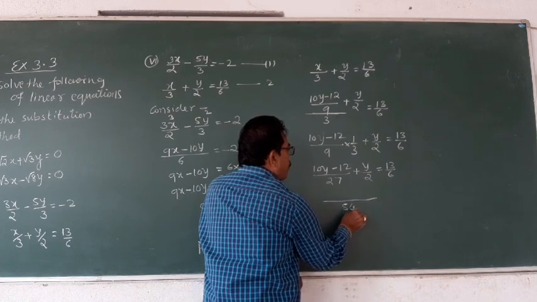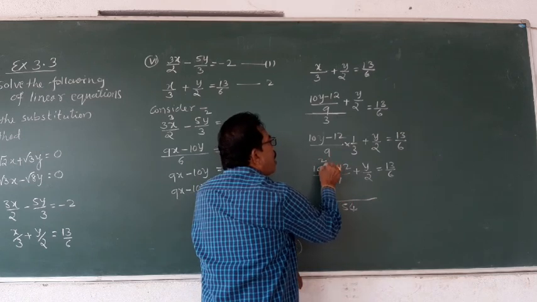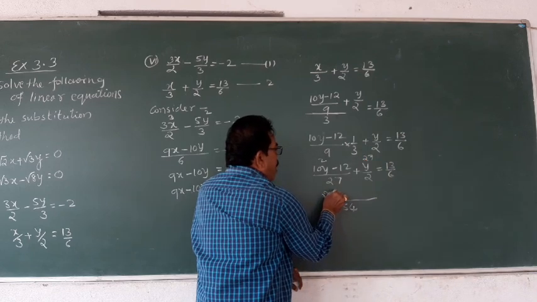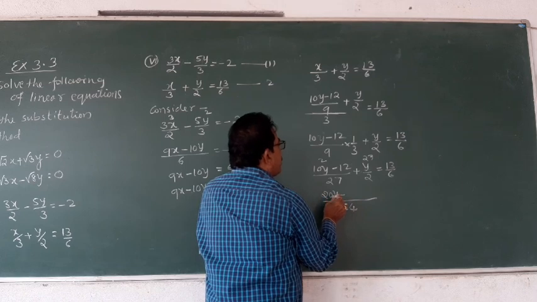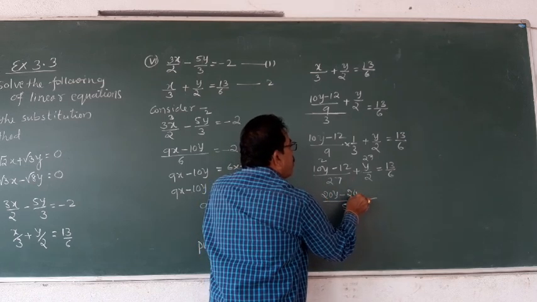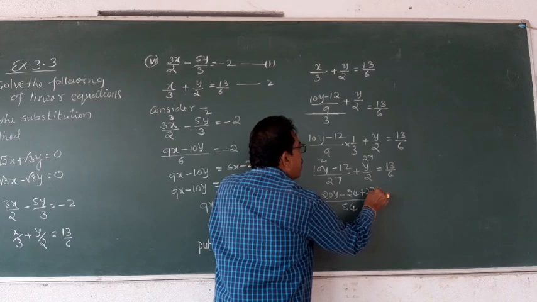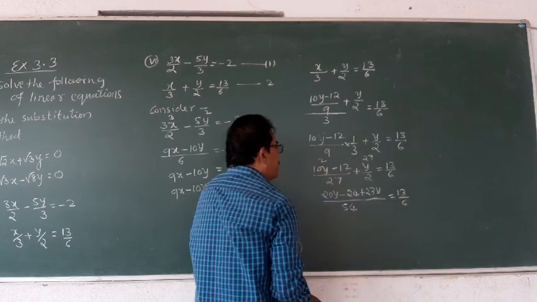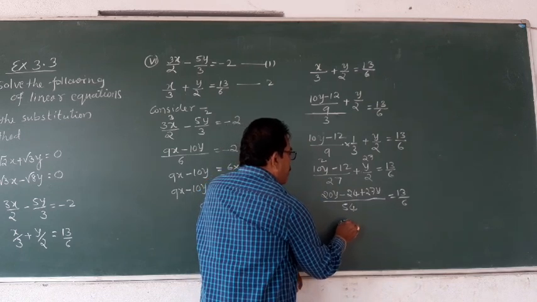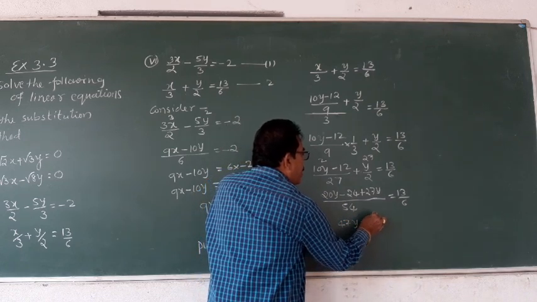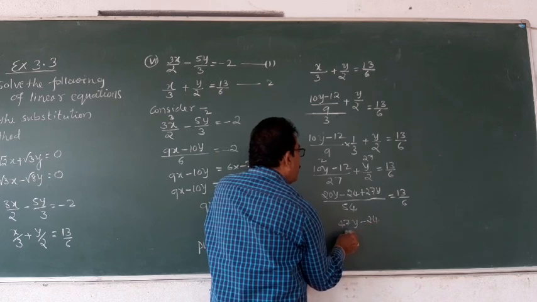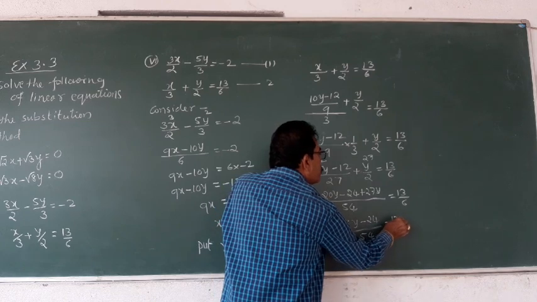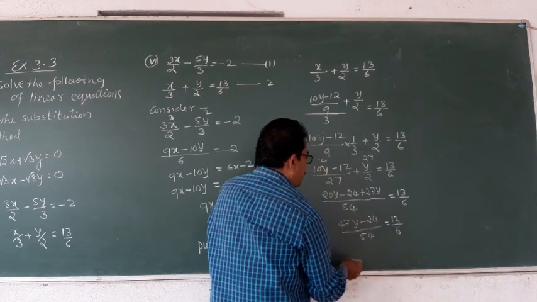LCM 54. 27 2s are 2 27s are 20y minus 24 plus 27y equals to 13 by 6. 47y minus 24 divided by 54 equals to 13 by 6.